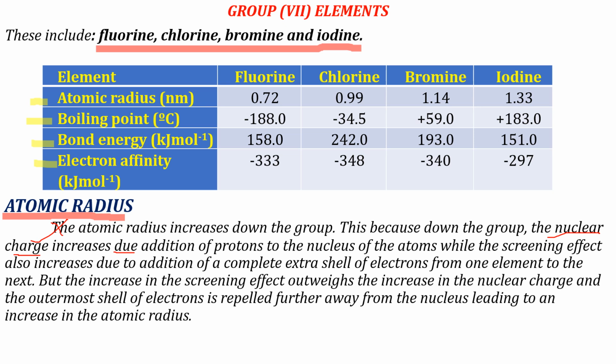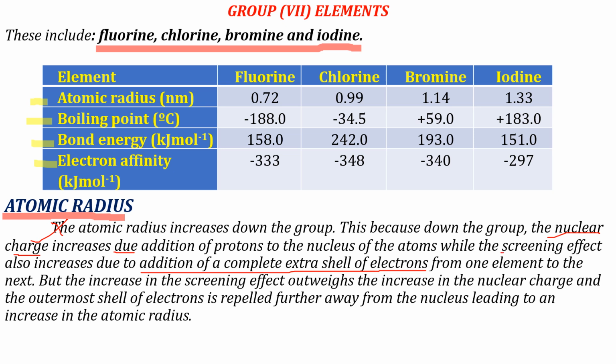Like here we say nuclear charge is increasing. Why is it increasing? This is due to additional protons to the nucleus. Screening effect is as well increasing. Why is screening effect increasing? Screening effect is increasing due to the additional completely filled energy levels of electrons. So each and every change you talk about, you must give a reason behind it.